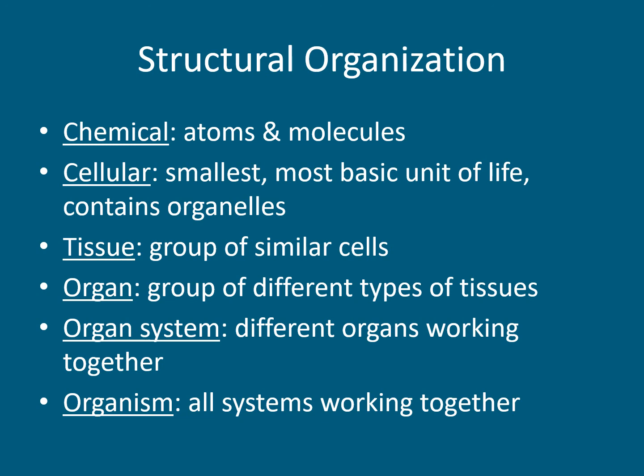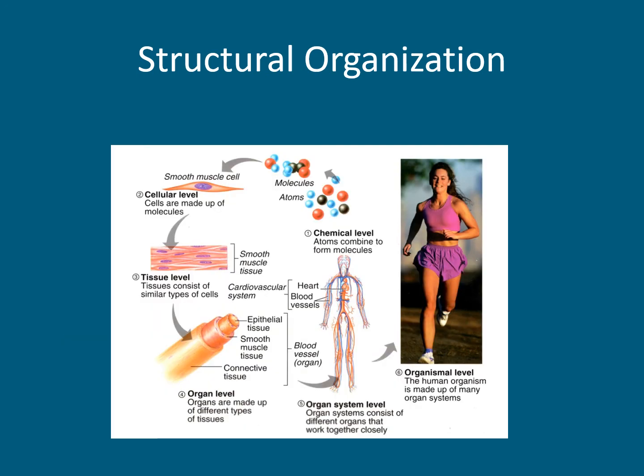The human body is composed of 11 different organ systems. And this diagram is just showing basically how you are starting at the chemical level or molecular level. You build those up to form the cells, build those up to form the tissues. You keep getting larger and larger until you're finally at that organismal level.